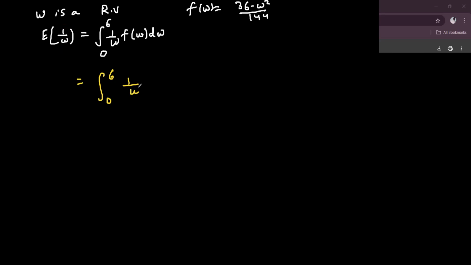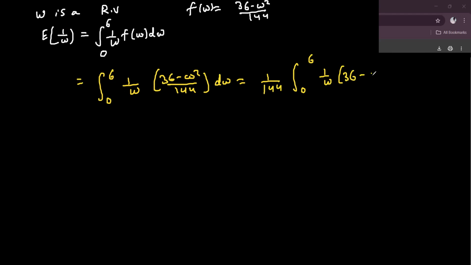The integral of (36 minus w square) upon 144 dw. 1 upon 144 is a constant. So from 0 to 6, 36 over w minus w.